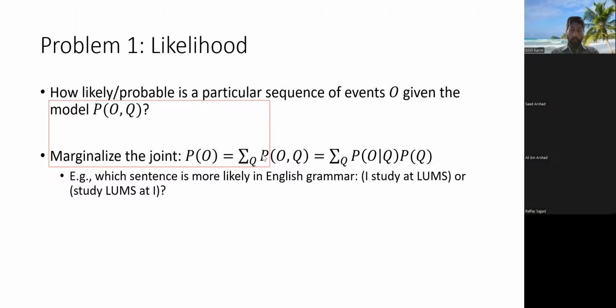From a probabilistic sense, how would you get that? You will have to marginalize the joint distribution, or sum out Q from the joint. Okay?